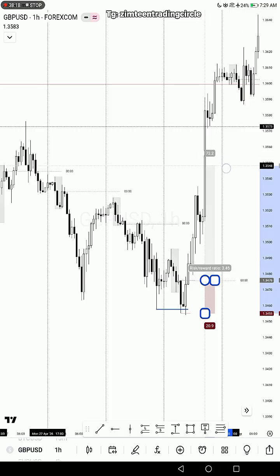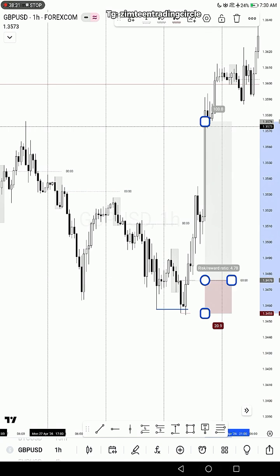Now Monday's high offered the highest RR according to the 1 hour time frame, a 20 pip stop loss and a 100 pip take profit, which gives us approximately 5 RR, that is 4.78 RR.